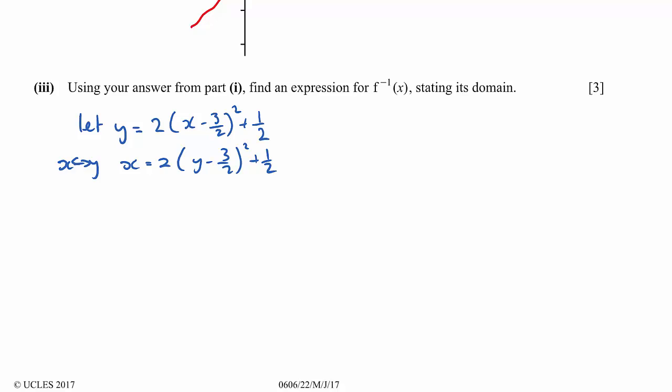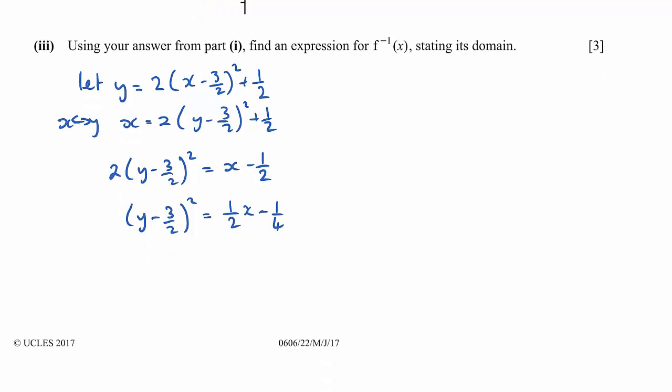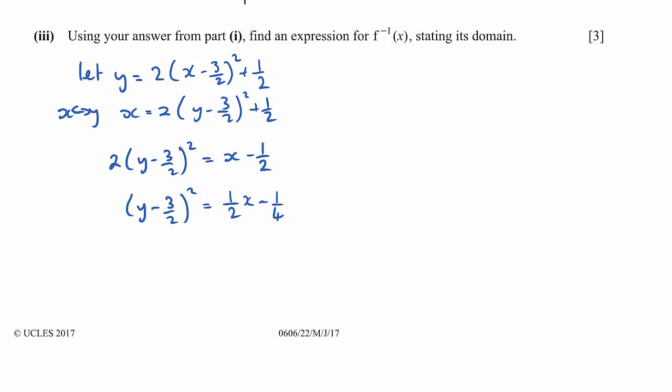So twice y take away 3 over 2 squared is going to be x take away a half. And then y take away 3 over 2 squared is going to be a half x take away a quarter, and I might just take a quarter out there and say that that's 2x minus 1.